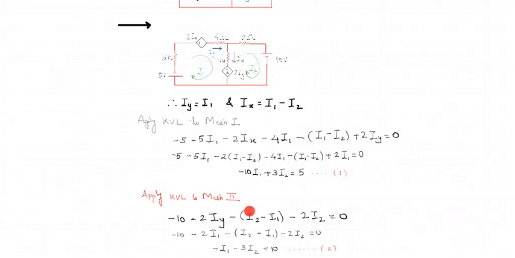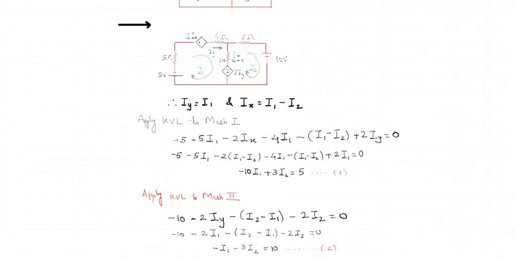So minus of I2 minus I1, and then lastly the current through 2 ohm resistor, which is minus 2 I2, is equal to 0. So this is how you formulate your KVL equation. This is important, friends. If you do this correctly, then there will not be any mistake in solving the problems.